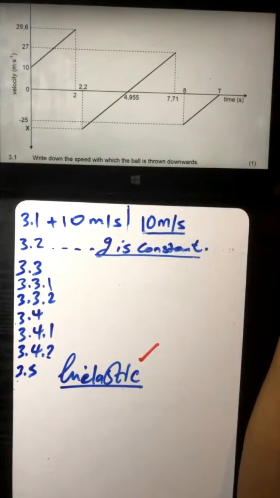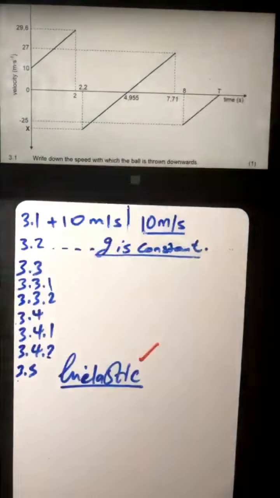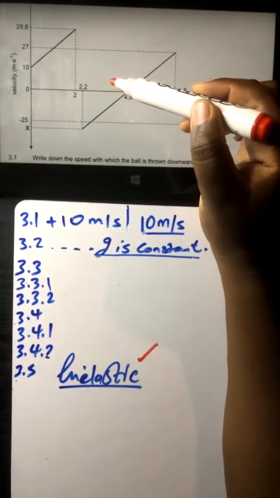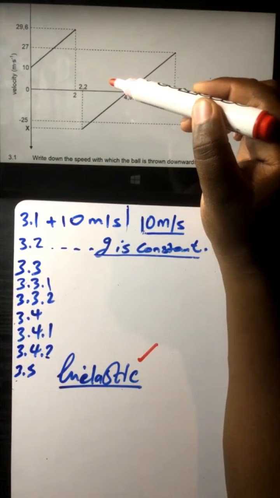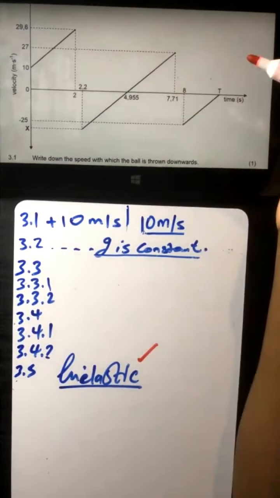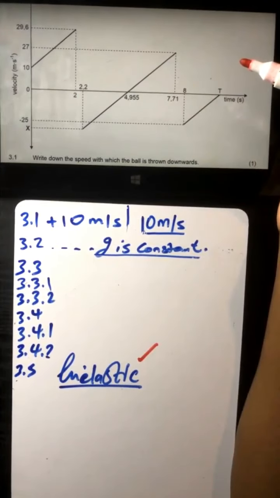So based on the graph, ladies and gentlemen, you can see the time at which the ball strikes the ground is not the same time as the ball leaves the ground.